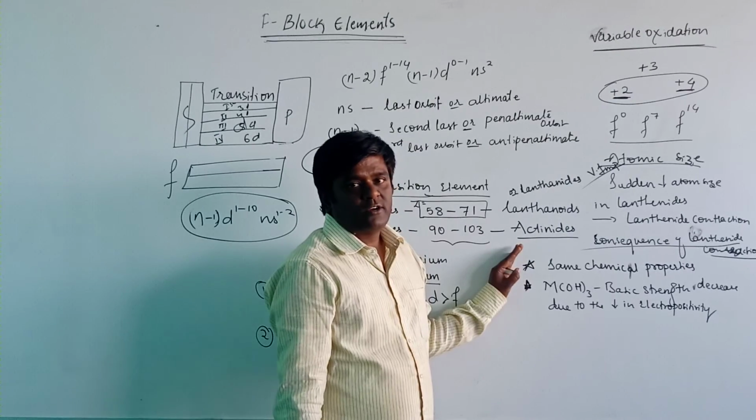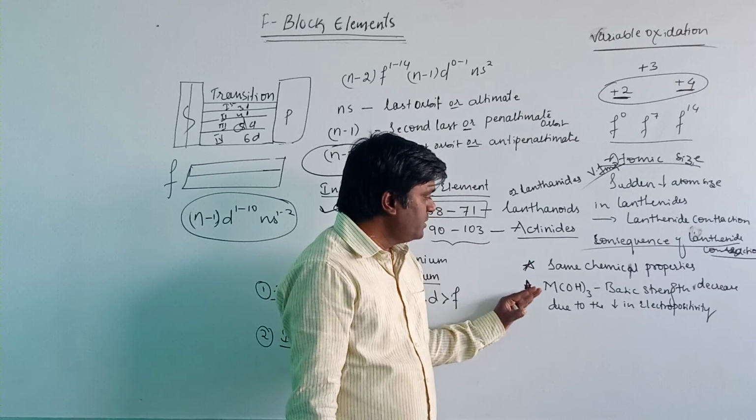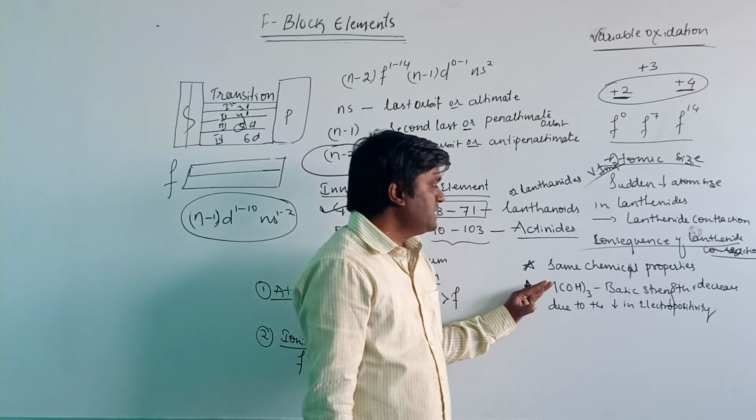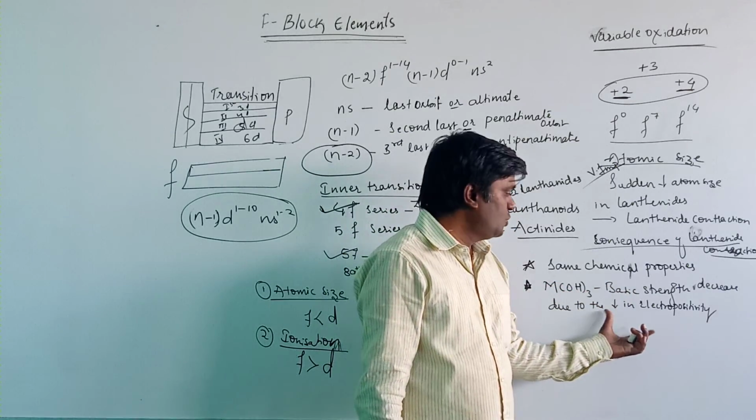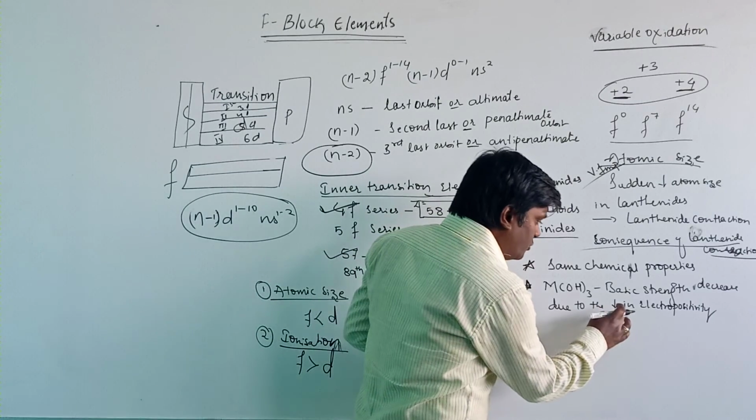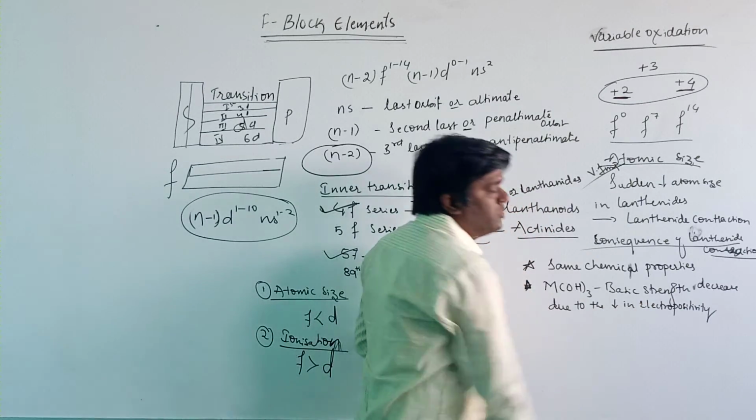Due to the lanthanide contraction, the second consequence is that the basic strength of lanthanide series elements decreases due to the decrease in electropositivity.